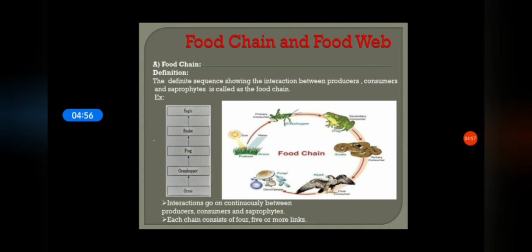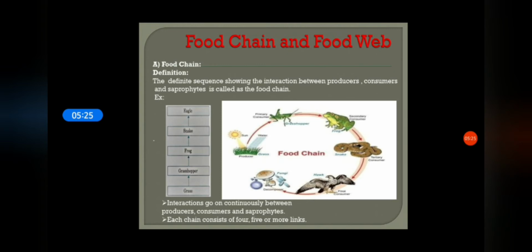After the death of the hawk, microorganisms decompose its body and release nutrients back into nature. Here grass is the producer, grasshopper acts as a primary consumer, frog acts as a secondary consumer, snake acts as a tertiary consumer, while hawk or eagle acts as an apex consumer.